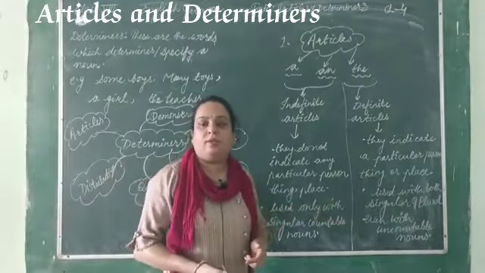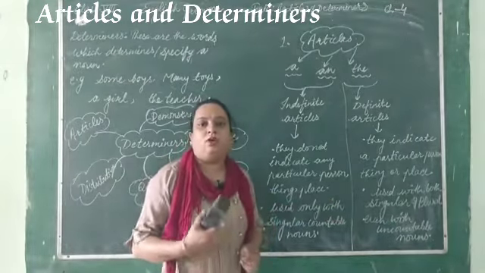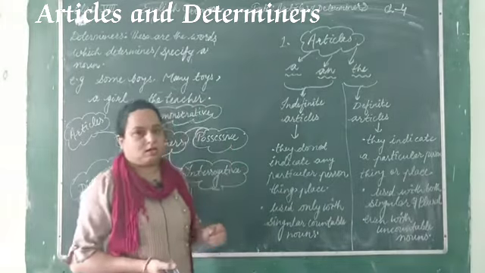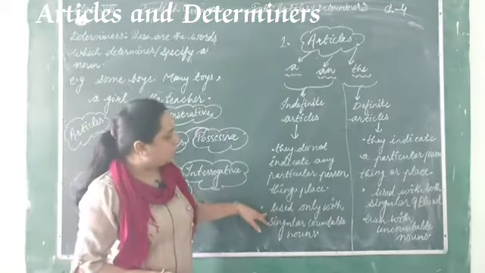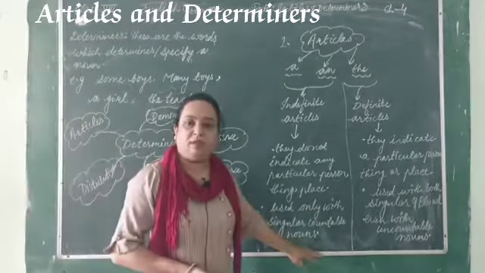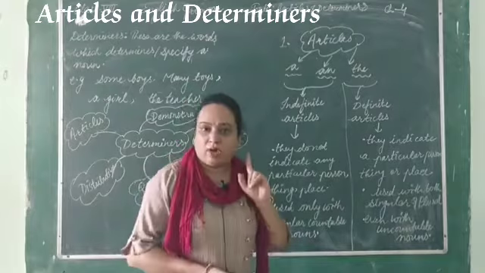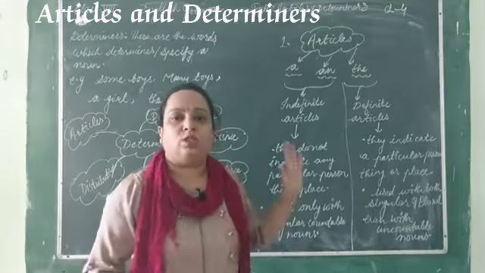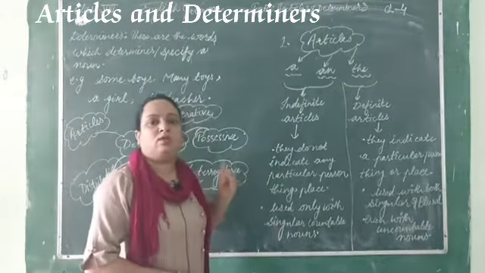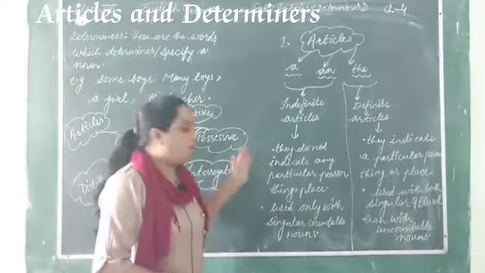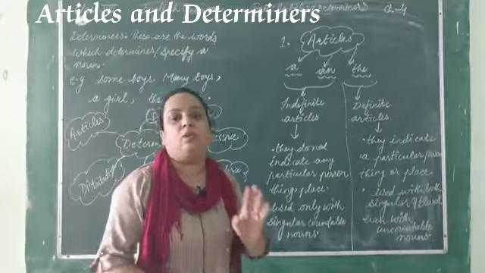We are not talking about any proper or particular thing here. They are used only with singular countable nouns, because a means one and an means one. So this talks about only one person or a singular countable noun.